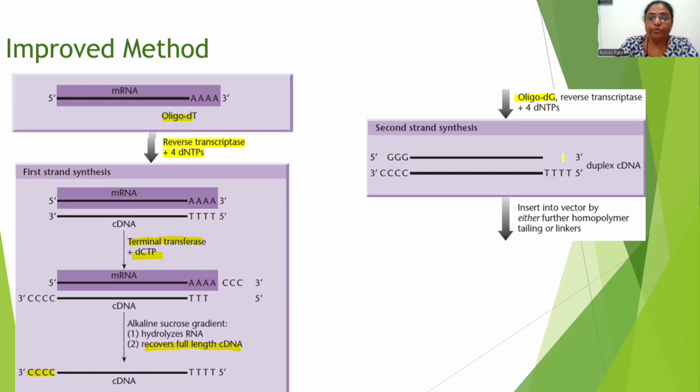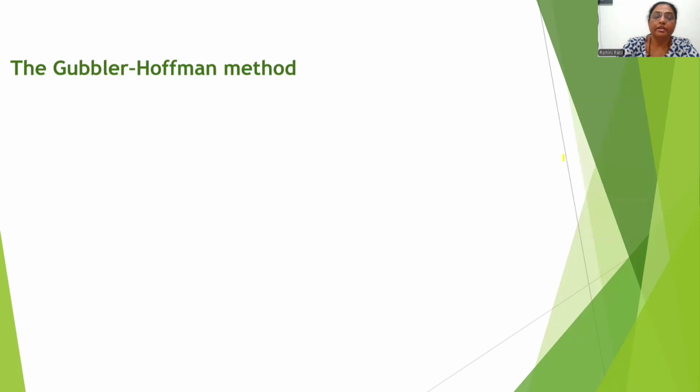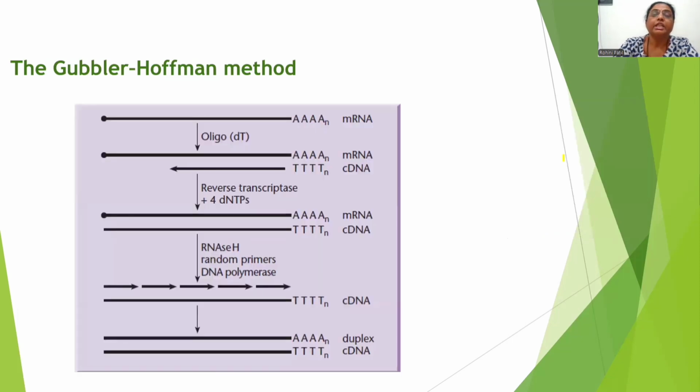Now the next method is the Gubler and Hoffman method. In this method, here it is an mRNA. There is a designing of the oligo dT primer for the first strand synthesis of the cDNA. So here there is the use of the reverse transcriptase, which is allowing the synthesis of the first strand of the cDNA.